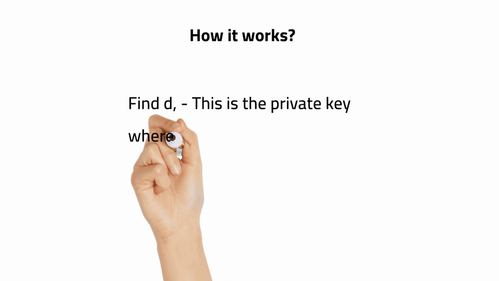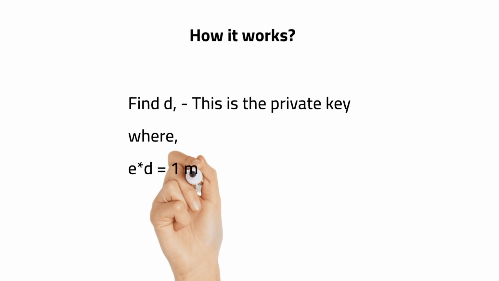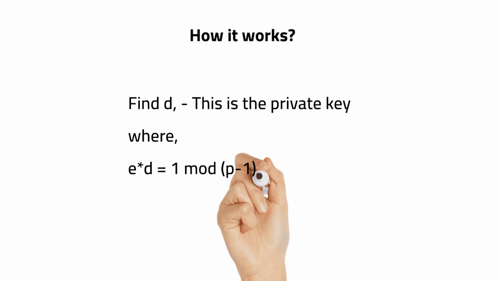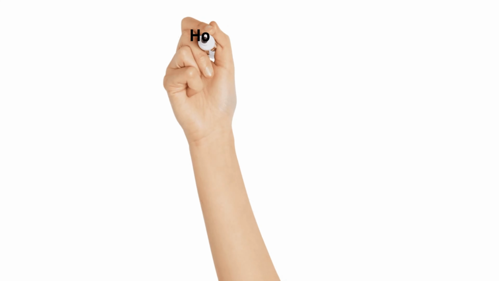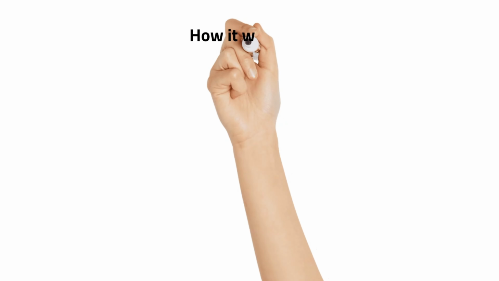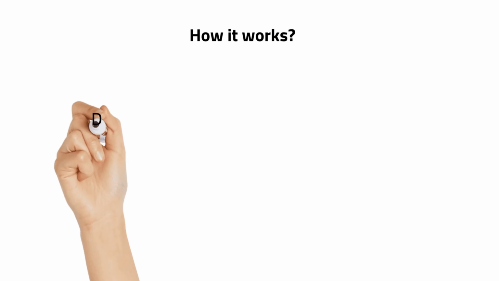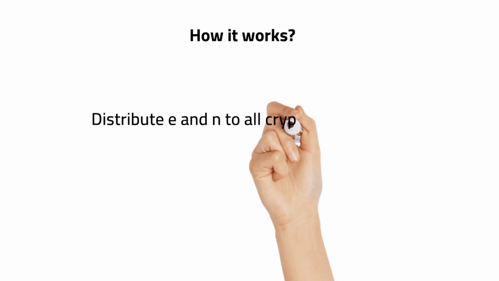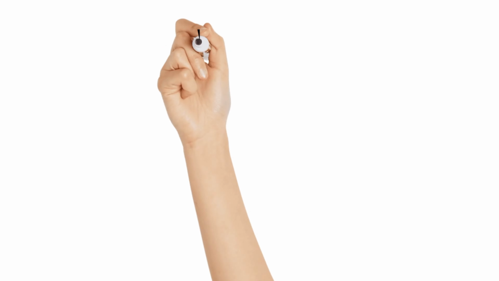Let's see. To encrypt a message, for example plain text P, Bob uses Alice's public key, N and E. As I said earlier in public key encryption, we are now good to distribute the public key exponent E and N to all the cryptographic users.